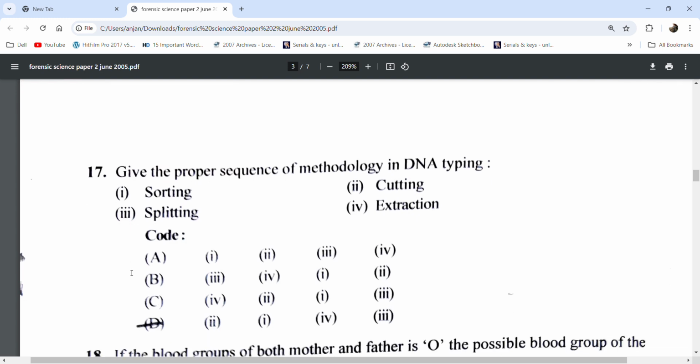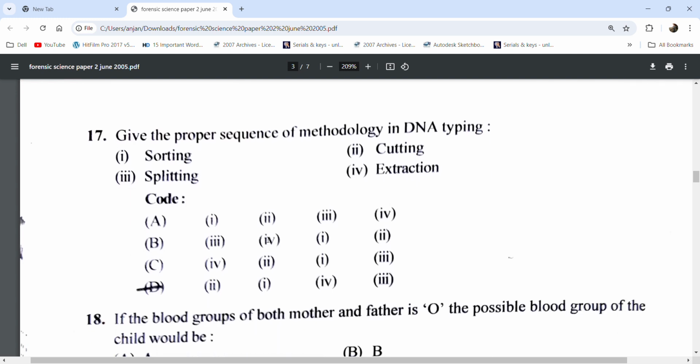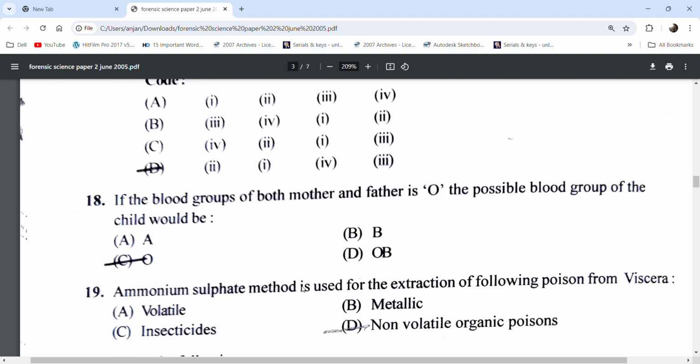Give the proper sequence of the methodology in DNA typing. Second, cutting. First, sorting. Fourth, extraction. Third, splitting. If the blood group of both mother and father is O, the possible blood group of the child will be O.